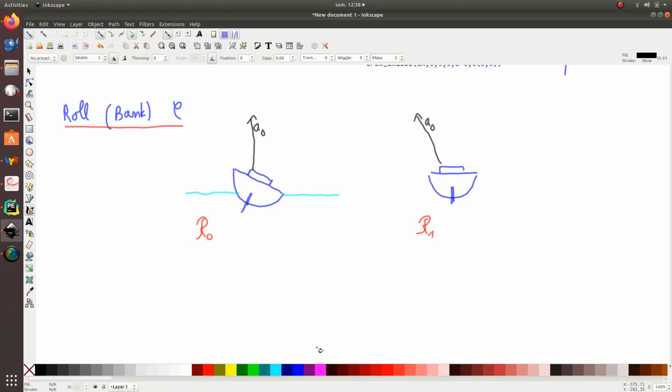Now I will also have here the vector I represent J, which corresponds to the left of the robot. And so here it will be like this. And what I want is to compute this angle, which corresponds to the bank, phi.